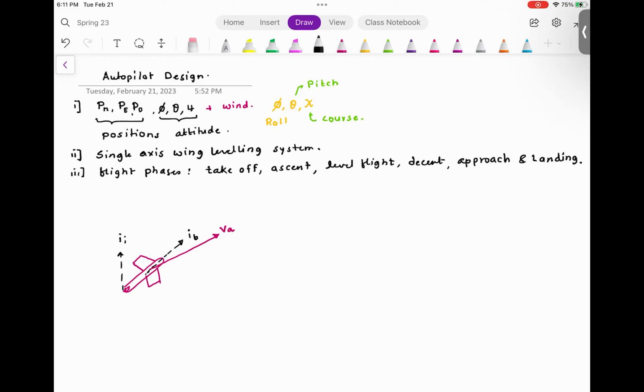Then typically you have something called wind forces. So you have wind. And VA plus VW gives you the VG, which is the ground speed.